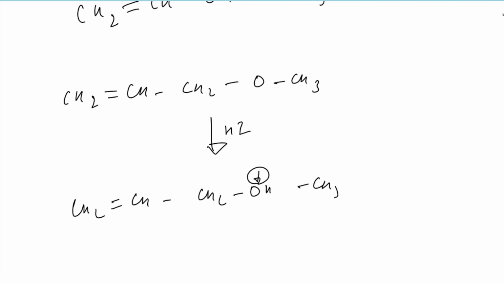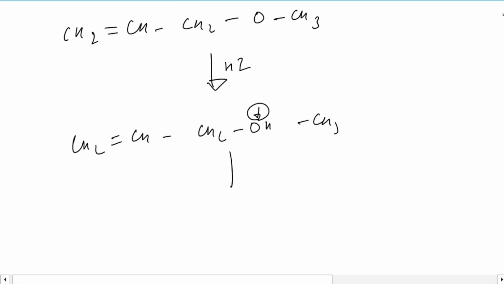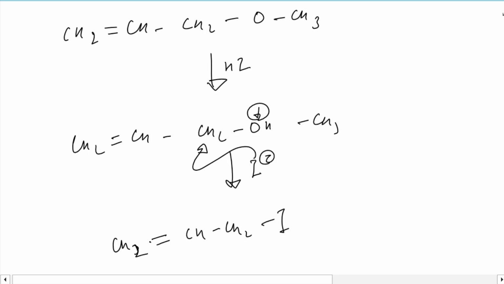Now I negative has to attack. Where will I negative attack? If you consider SN1 mechanism, then I negative must attack here because of this stable carbocation. And if you consider SN2 mechanism, then I negative must attack on CH3 because of less hindrance. So definitely I negative will attack on the CH2 group because of the stable carbocation being formed. We will prefer that. So CH2=CH-CH2I will be formed here along with methanol.